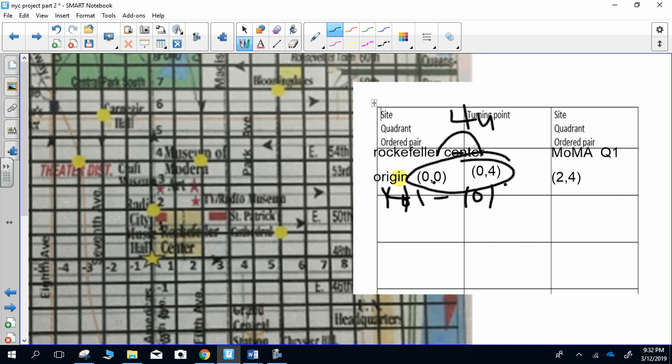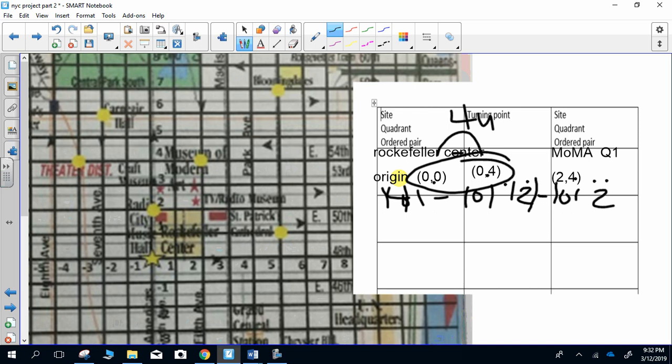Then I'm going to go from the turning point to MoMA. So I'm going to look here. This was on the y-axis and this is in quadrant 1. So I'm going to be subtracting again. So I'm going to do 2 minus 0, because remember the 4s are the same, so I'm not messing with those. I have the absolute value symbols on either side of those, and 2 minus 0 is 2.